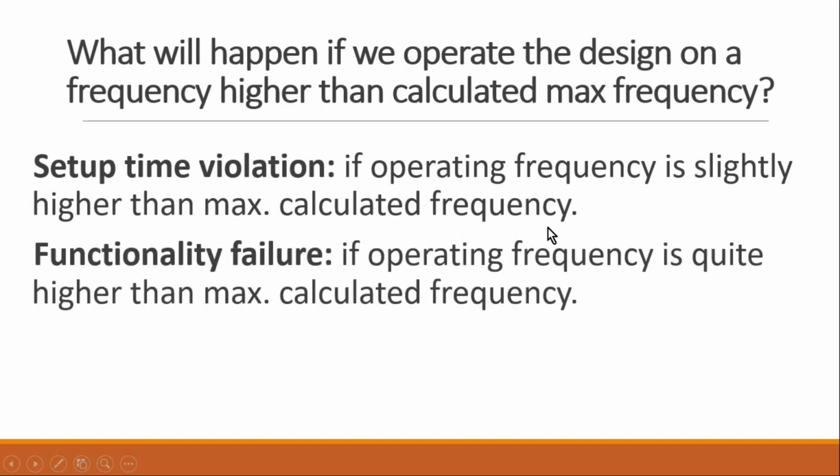The other case is functionality failure. Flip-flop 2 will receive data on n plus 2, n plus 3 and so on active edge of the clock, and that is the scenario where functionality will fail. This will happen if the operating frequency is quite a bit higher than the maximum calculated one.